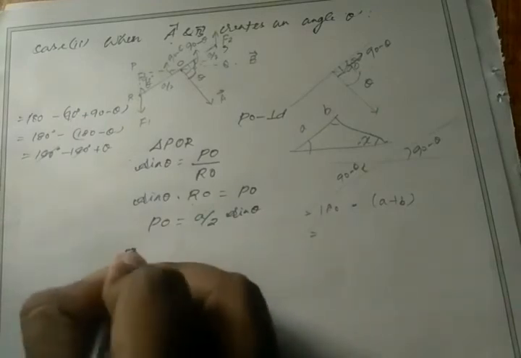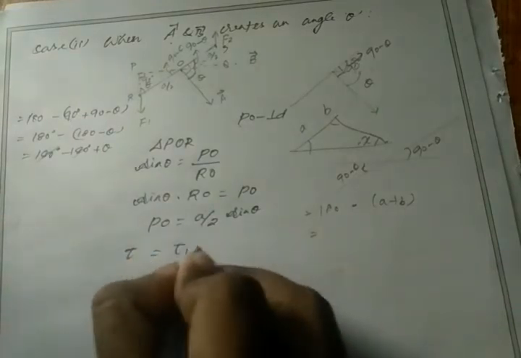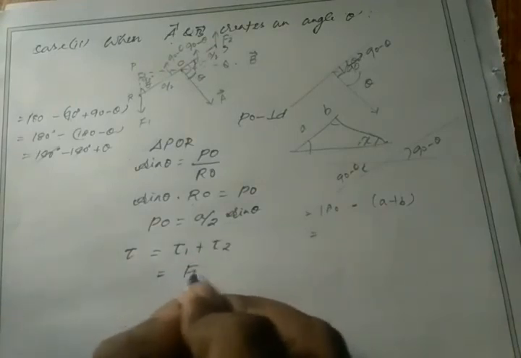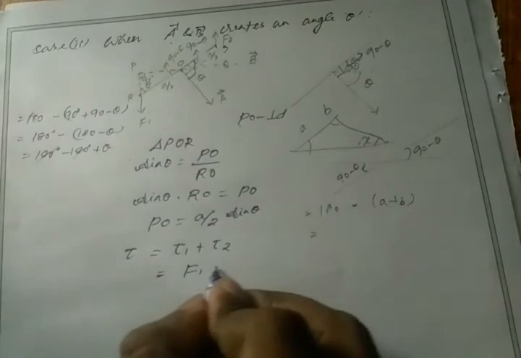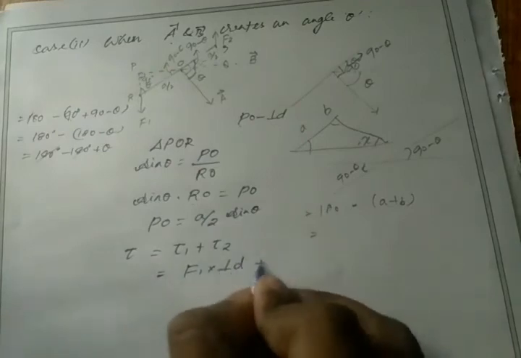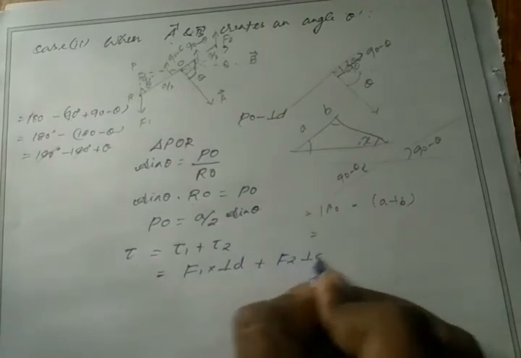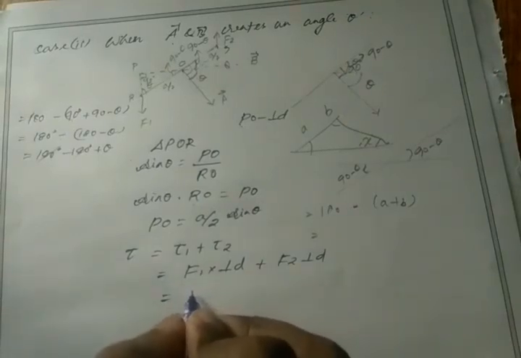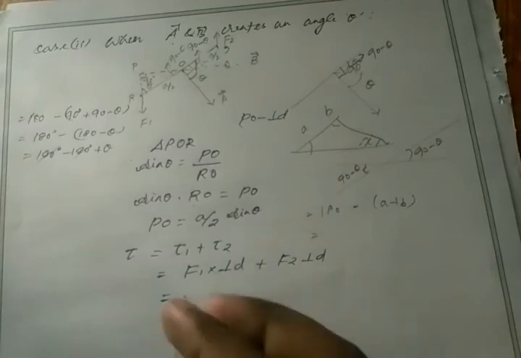So total torque equals tau 1 plus tau 2. That is force 1 into perpendicular distance plus force 2 into perpendicular distance. So what is force 1? I can write IBL, right?